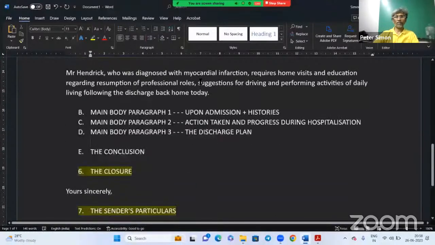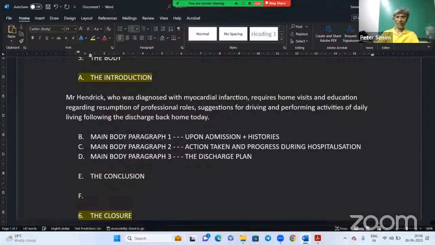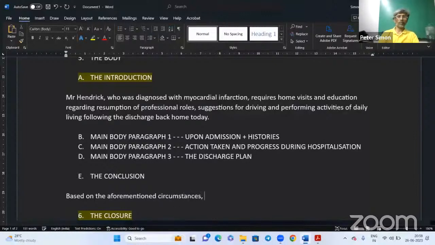Okay, that is introduction. Conclusion almost will be like the same. Yeah, based on the aforementioned circumstances, comma, based on the aforementioned circumstances.